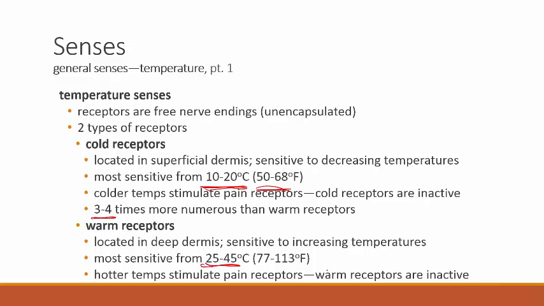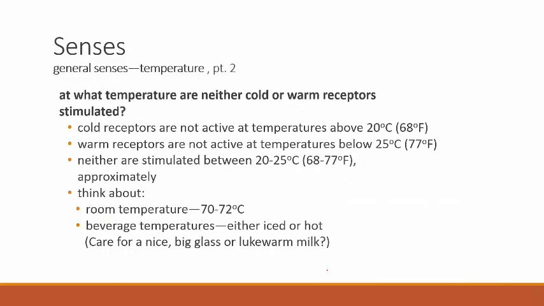Now notice, I think this is interesting, that there's a little gap in temperatures where neither the warm receptors nor the cold receptors are active. So here between 20 and 25 degrees C, which is the same as 68 to 77 degrees Fahrenheit, there is no sensitivity to temperature.